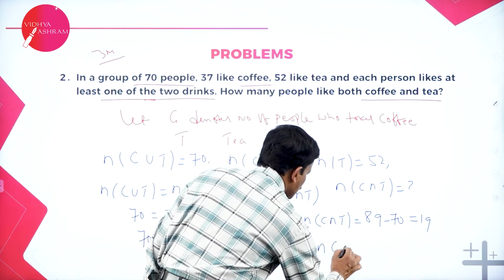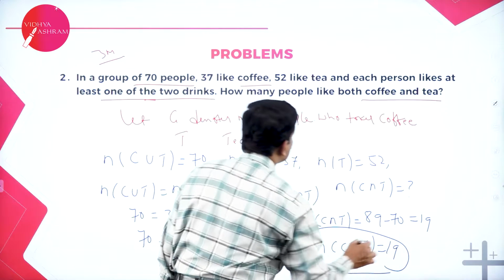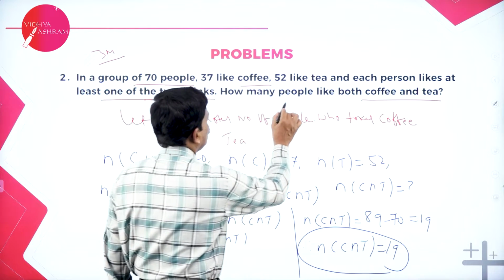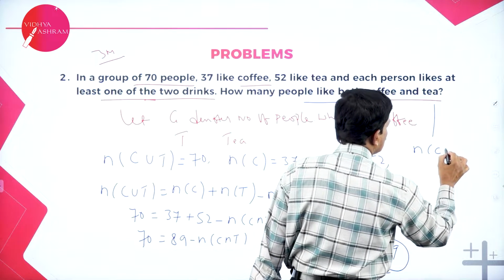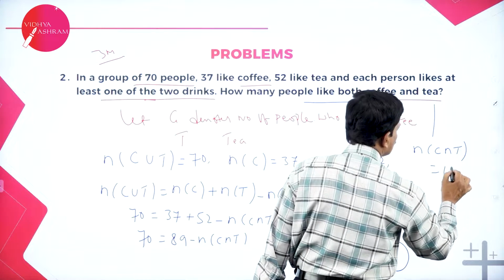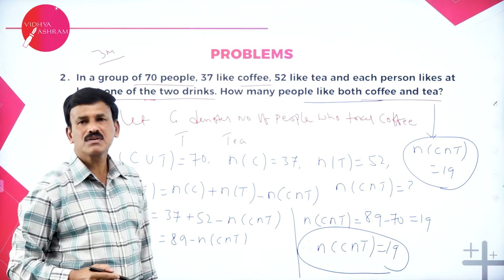So the number of people who like both coffee and tea is 19.